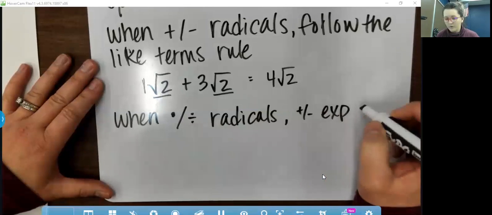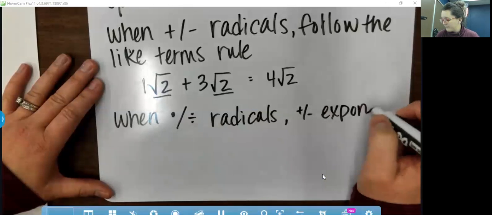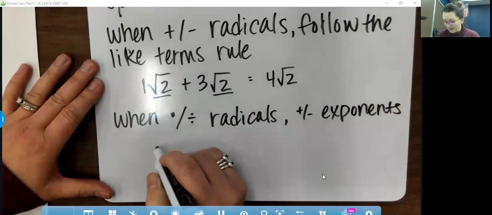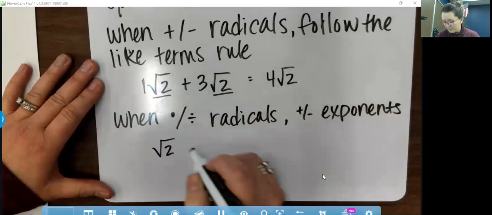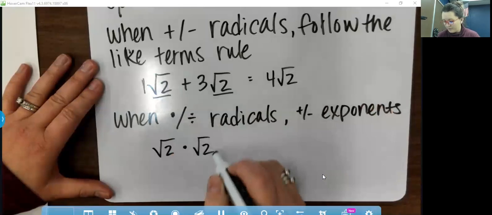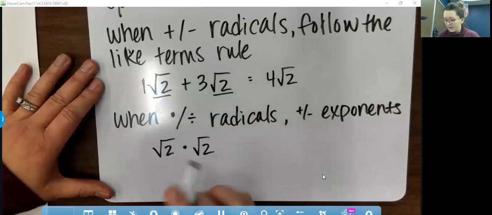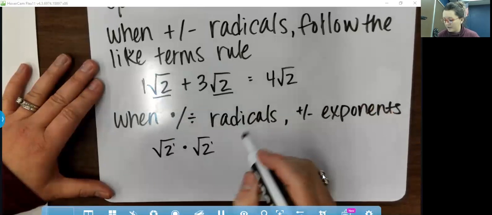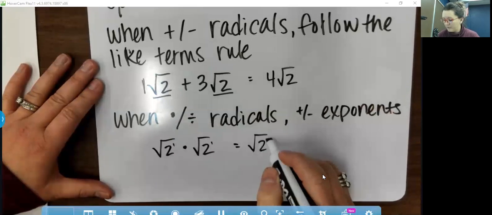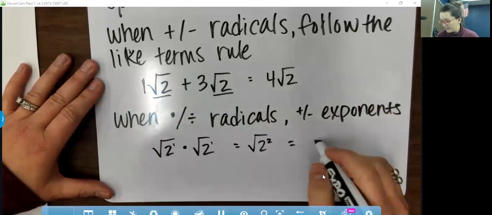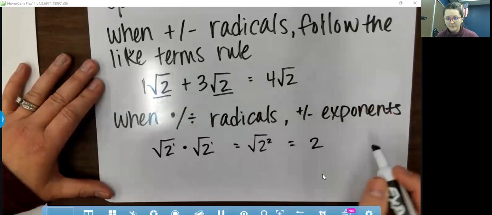That's our product or quotient. And we've reviewed that many, many times. So if I have root 2 times root 2, I'm just going to multiply. Go ahead and multiply those numbers inside, or think about it as adding your exponents, right? Root 2 squared. In this case, it would be 2, right?